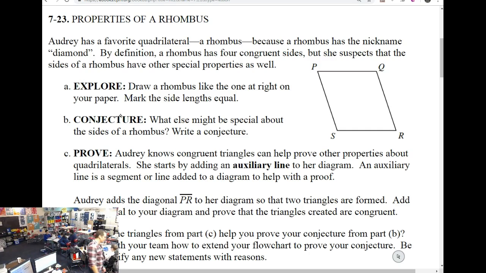But the reason that you have them is to test out your conjectures. I'm seeing a square.